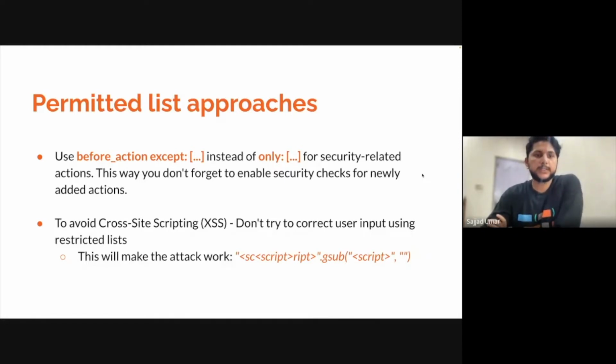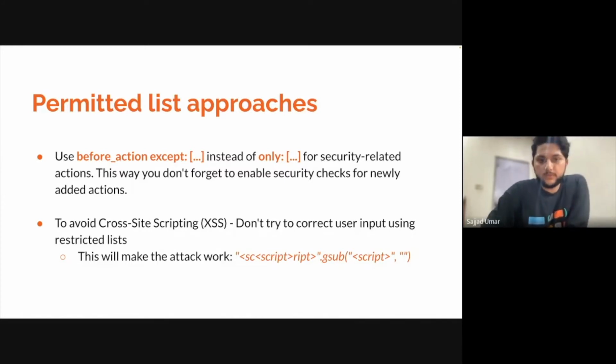So to avoid cross-site scripting, don't try to correct user input using restricted list. For example, you can see here is a list. Here is an input from user. We will see what cross-site scripting is in detail.